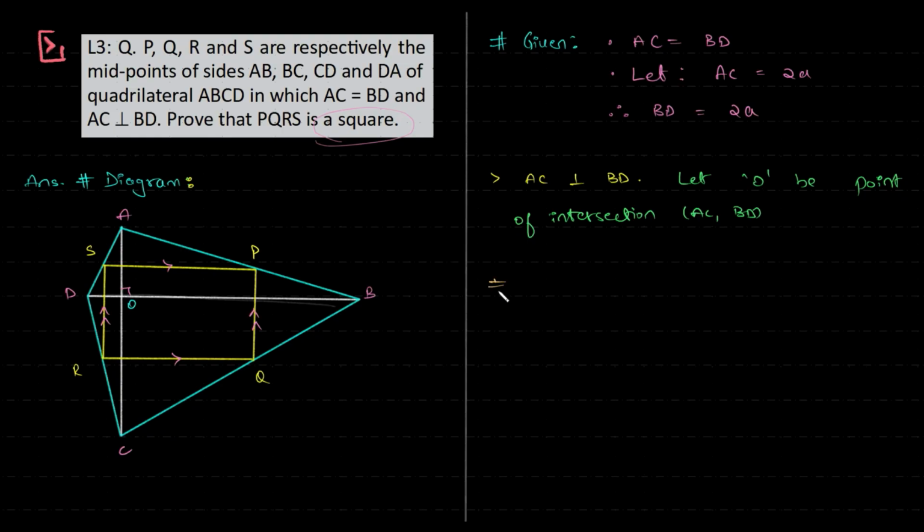Yes, we have been given that P, Q, R and S are the midpoints of sides AB, BC, CD and DA respectively.